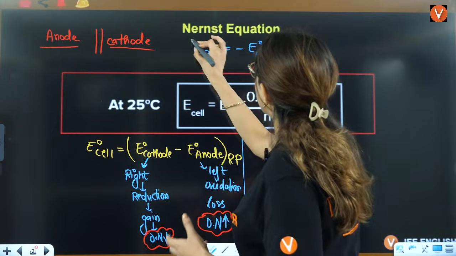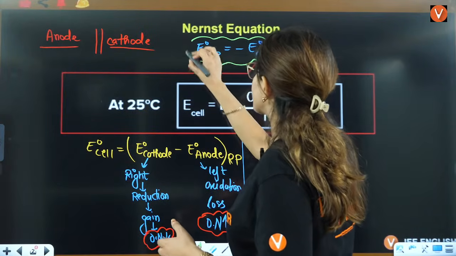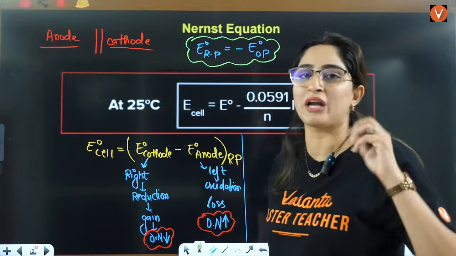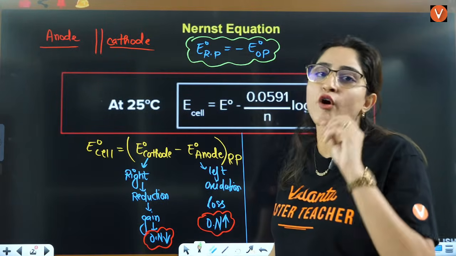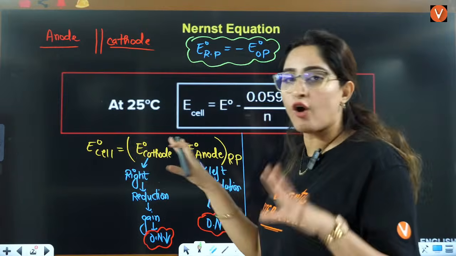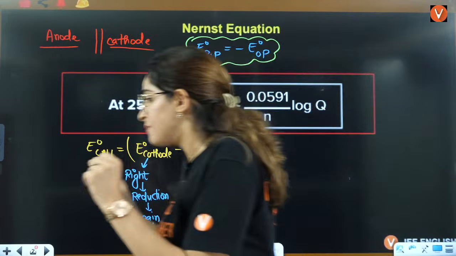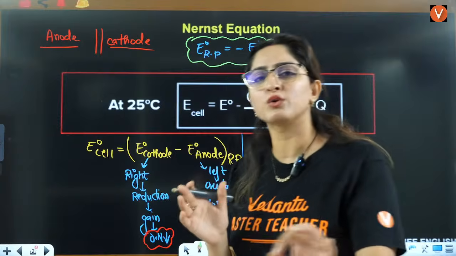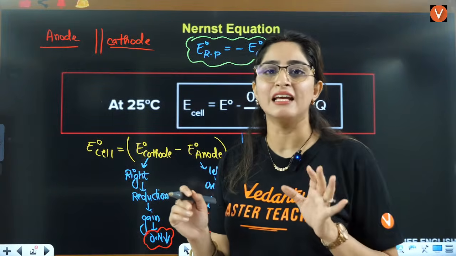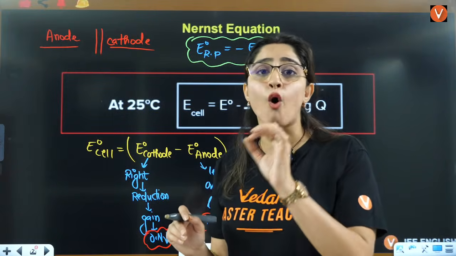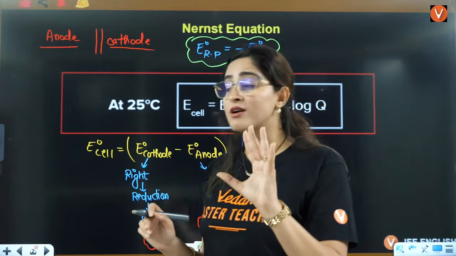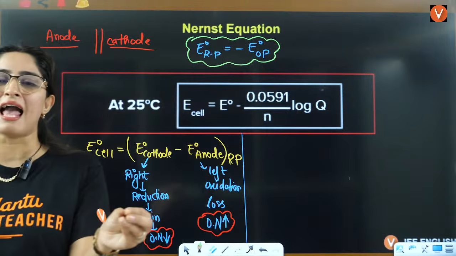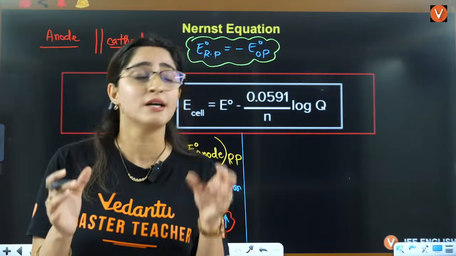For example, in the question, instead of reduction potential, they give you oxidation potential. Just take the negative of that, put it here, and from there you can calculate E naught cell. So till now, I have told you how much complexity they can bring in for E naught cell, and how things can get complex here.